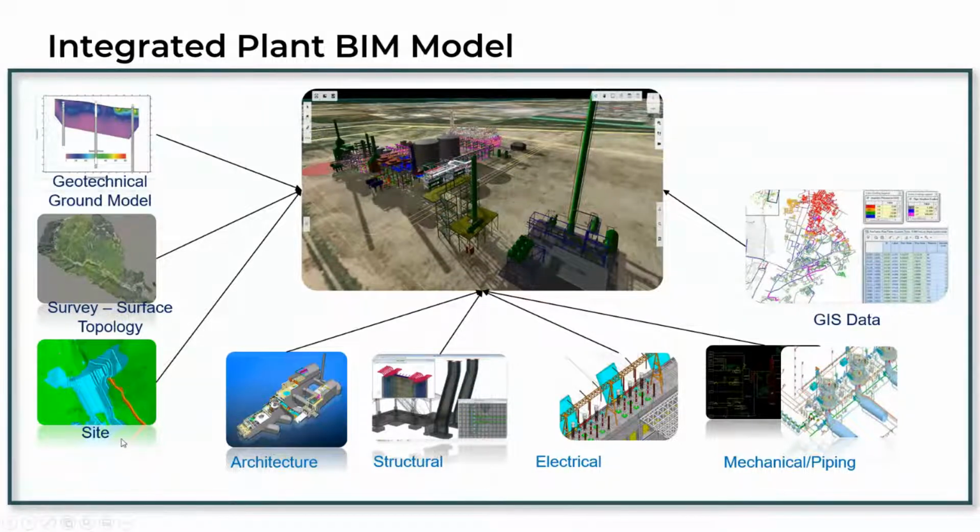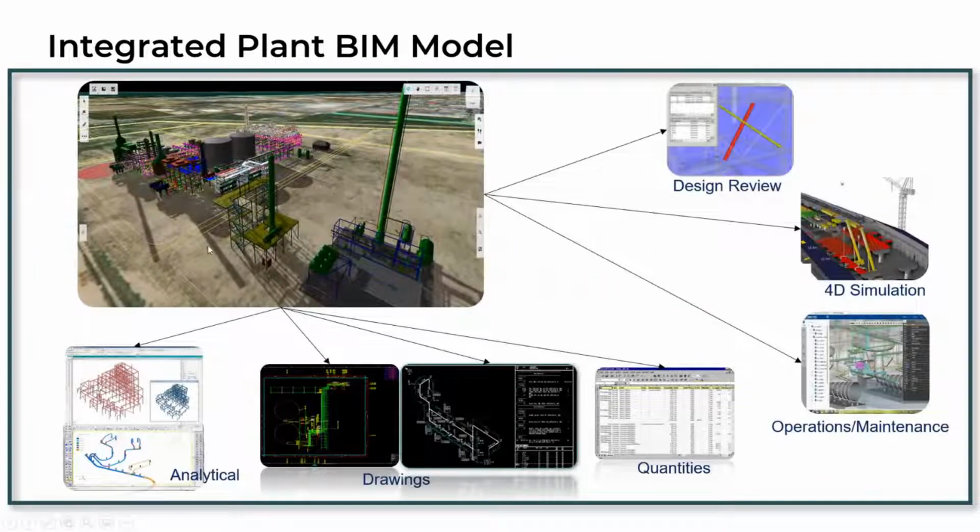From civil, you may have architectural drawings, your electrical and mechanical. These are the different stakeholders or departments of the project. The challenge in this kind of project, because of this multidisciplinary plant project, is that you need to federate all of these models into a single format or a single model so that we can visualize and manage all of these models together.